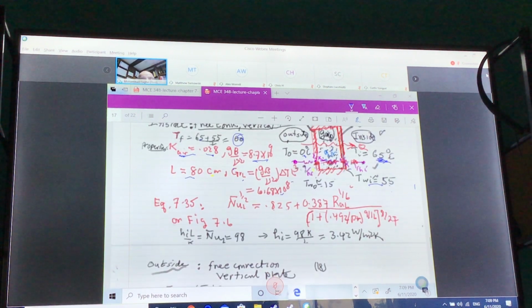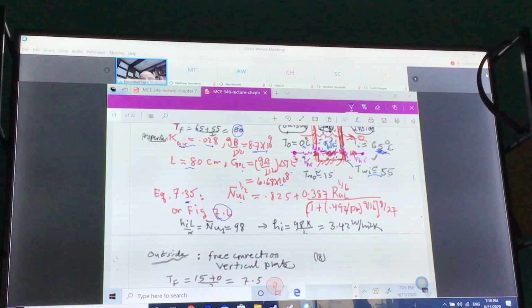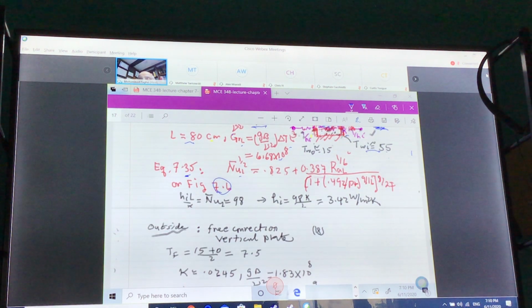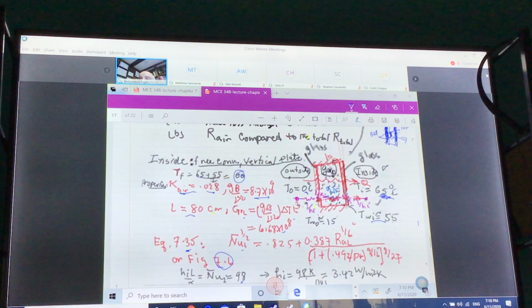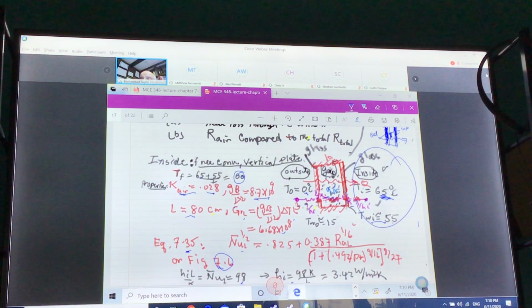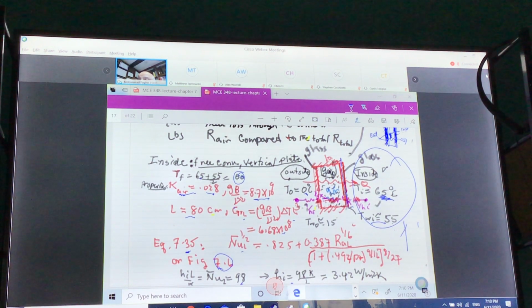Go back to the big equation 7.35. Remember Nusselt to the 1/2? Or figure 7.6. So you calculate Nusselt, then h inside. So this is the vertical plate inside. You're talking about this side of the problem.